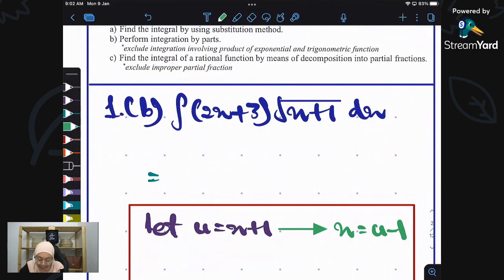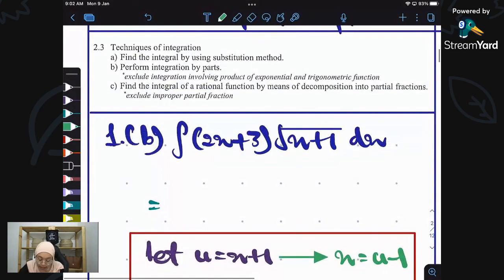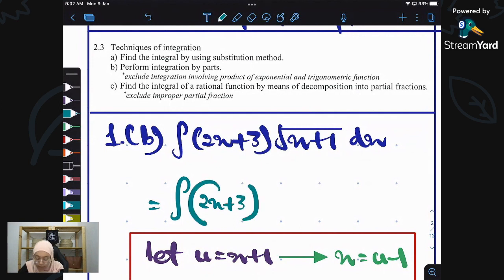All right. Now, first of all, make sure you change the square root into, can you guess? Change the square root into to the power of 1 over 2.